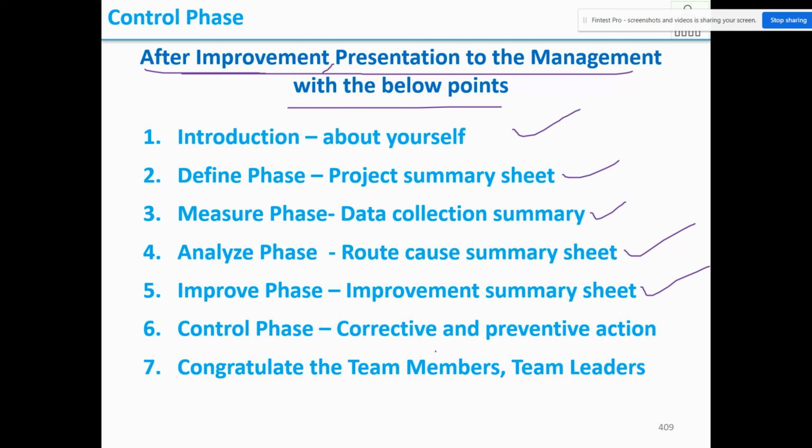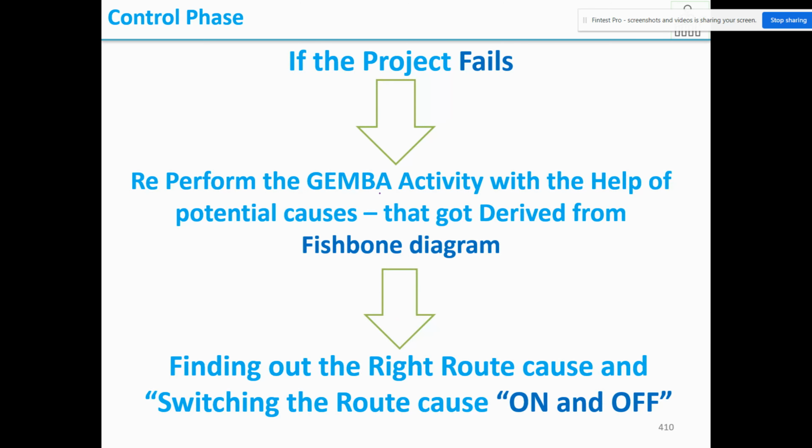Then in the control phase, show corrective and preventive action, such as which documents you're going to update based on the solution that you provided. Then congratulate the team members for their work and success in the project. So this is a simple 7-step flow that you can follow.